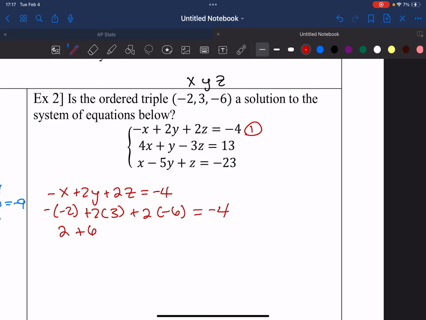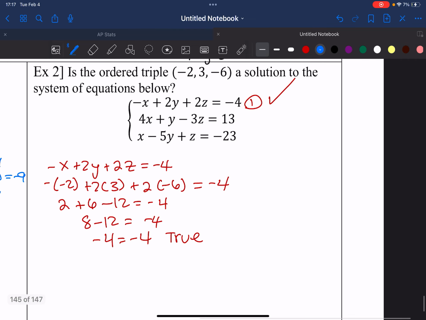That's 2 plus 6 minus 12 equals negative 4. 8 minus 12 equals negative 4. I don't know why I wrote negative 14. And then negative 4 is equal to negative 4, which is true. So I move on to the next equation.